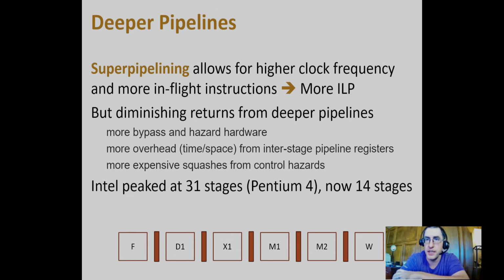So when you have a mispredicted branch, for example, then you'll have to squash more instructions that have been incorrectly fetched into this pipeline, depending on where in the pipeline your branch gets figured out, right? As you deepen your pipeline, it gets harder and harder to have your branch earlier in your pipeline. And that's because the dominant cost at the start of your pipeline is fetching the instruction.